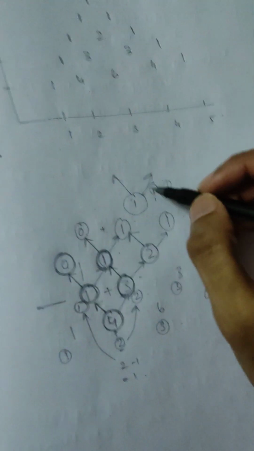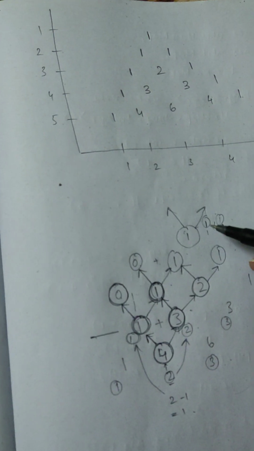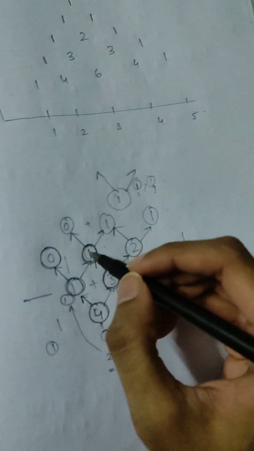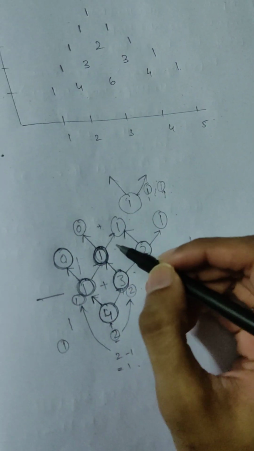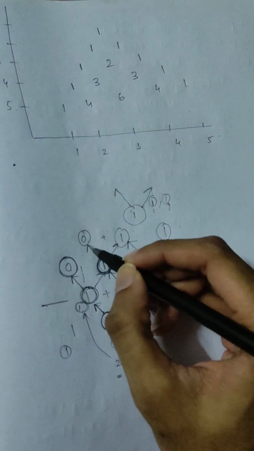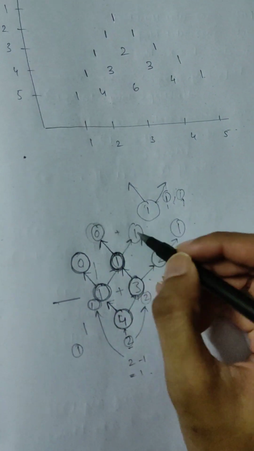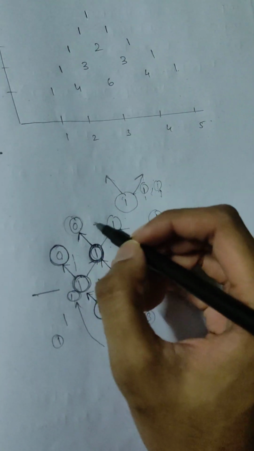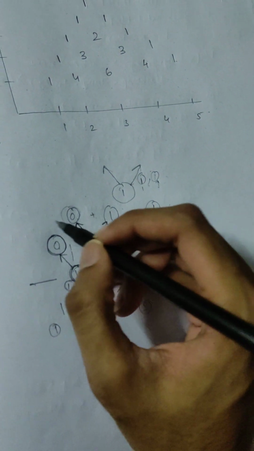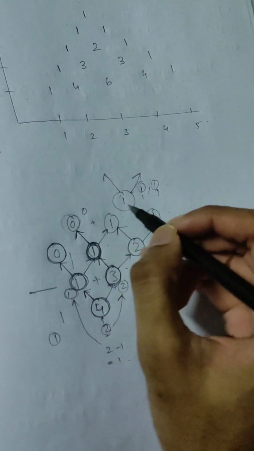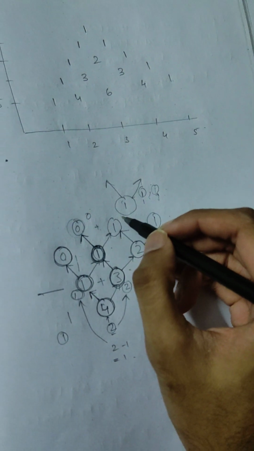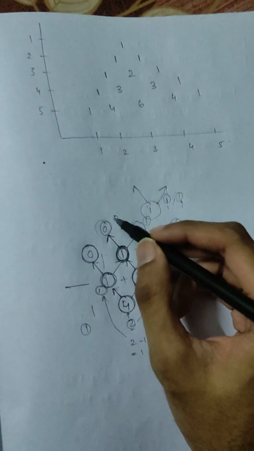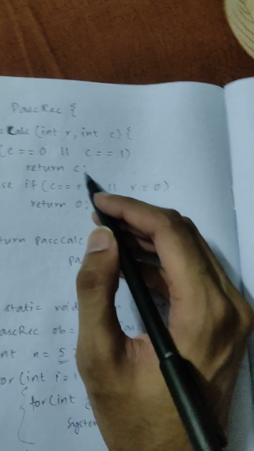That means that suppose this is the one I am finding, so it will check whether the C is 0 or C is 1, the column, whether the previous row's C is 0 or the previous row's C is 1. If so, then the value of C will be returned.